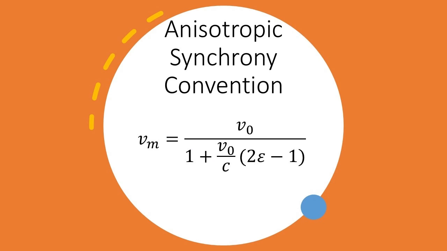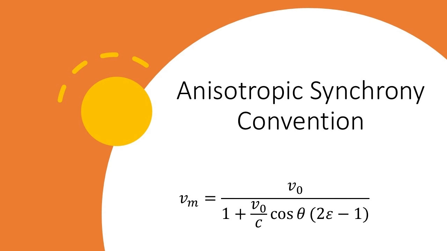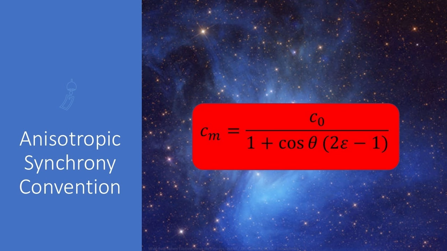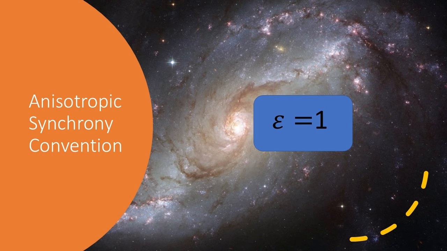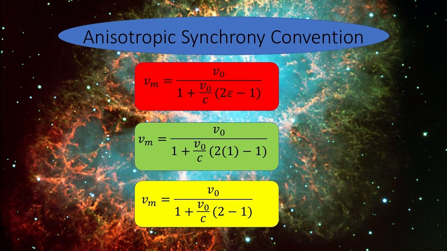In the Anisotropic Synchrony Convention, now, we bring in the formula for the relationship between the measured radial velocity and the proper velocity, and the relationship between the measured speed of light and the proper speed of light for all directions. When we insert epsilon equals 1, the relationship between the measured radial velocity and proper radial velocity proceeds as follows.